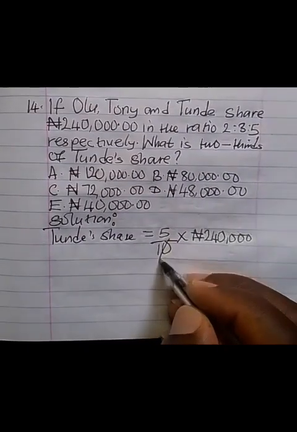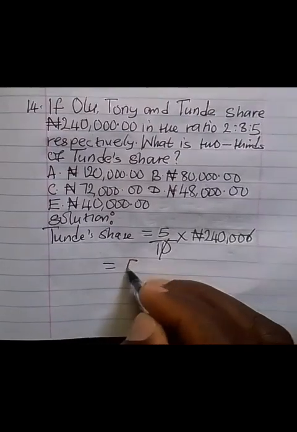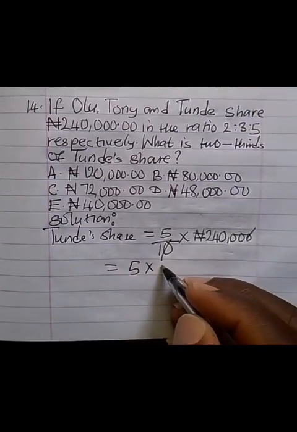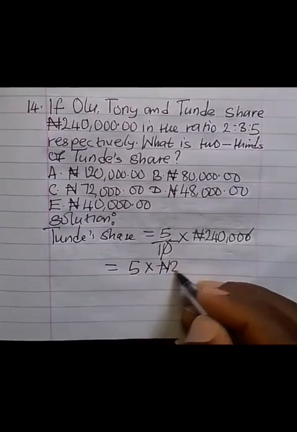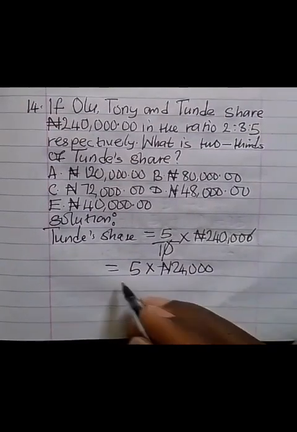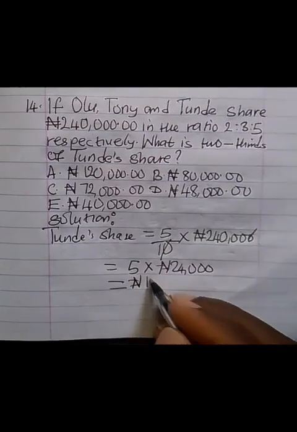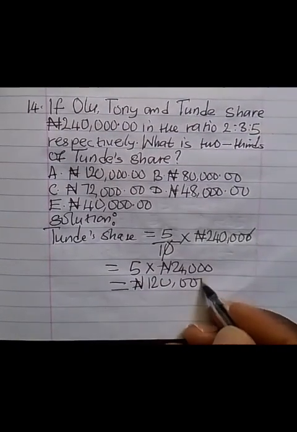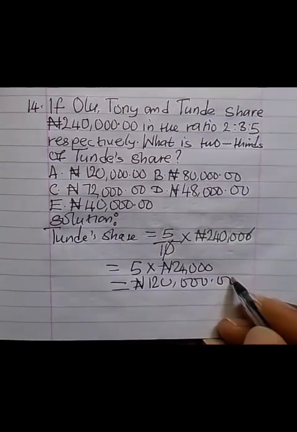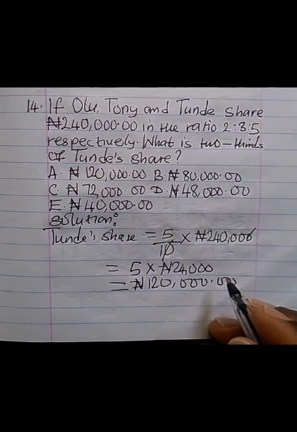From here, 0 cancels 0. What is remaining is 5 times 24,000 naira. If you multiply, you have 120,000 naira as Tunde's share.